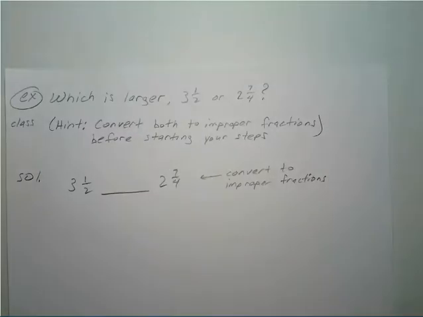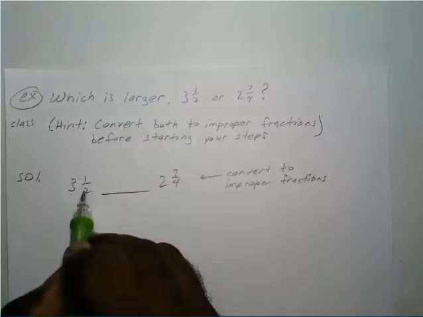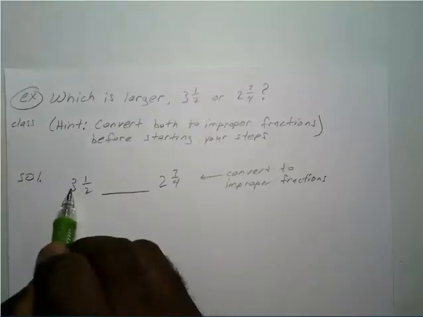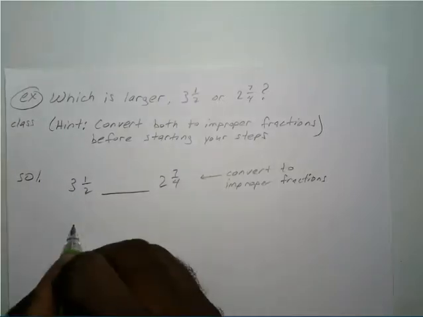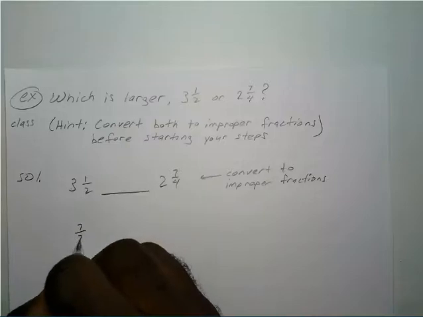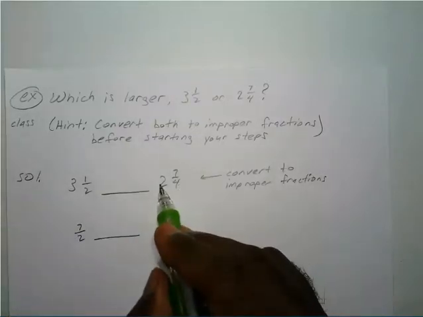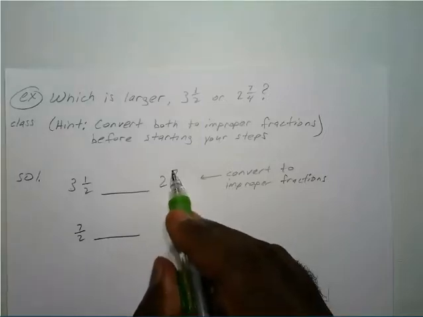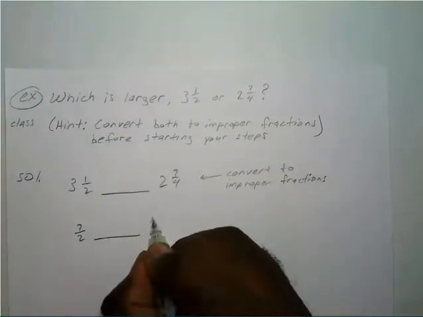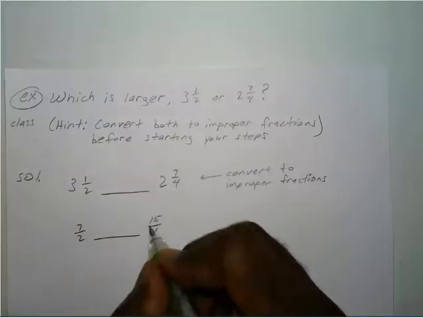And if you don't remember how to do that, just go back to the improper fractions video. So you have 2 times 3, which is 6, plus 1, which is 7. So you have 7 over 2. And you have 4 times 2, which is 8, plus 7, which is 15. You have 15 over 4.